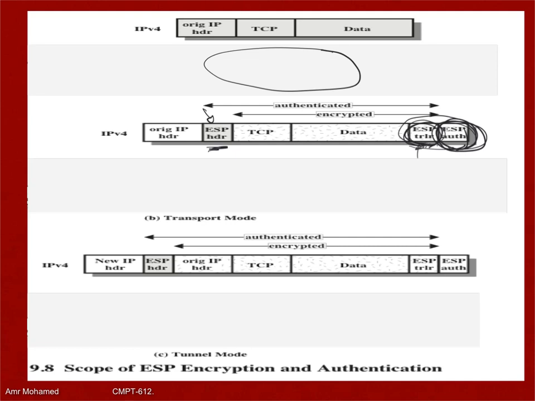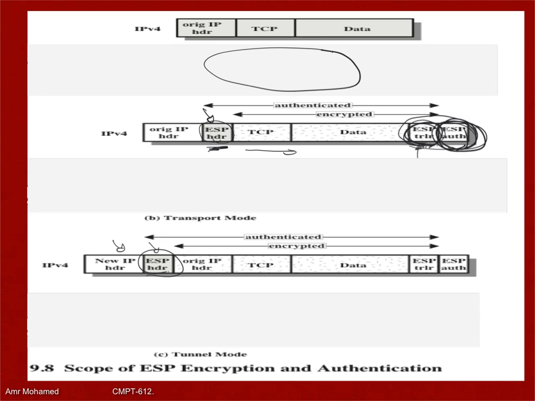Other than this, here this is the transport mode where we add the ESP header and possibly AH, and it works on top of IP. Whereas here we provide the header and then we add another. So there are two encapsulation stages in the tunnel mode.